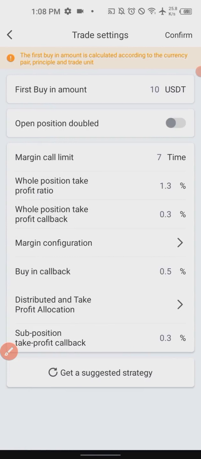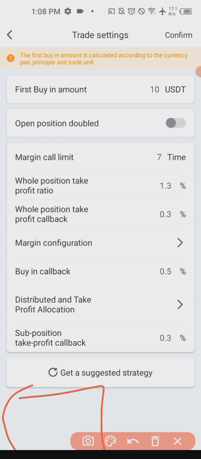So I'm in my trade settings. Now, this is the beautiful thing. First of all, I have $100. Let's say I want to allocate $100 to this coin, meaning I want to trade this coin with $100. Remember, we said we use the dollar cost average, which is most effective. So I am telling the bot, hey bot, I'm trading $100, so I'm going to be entering the market with $10 first.